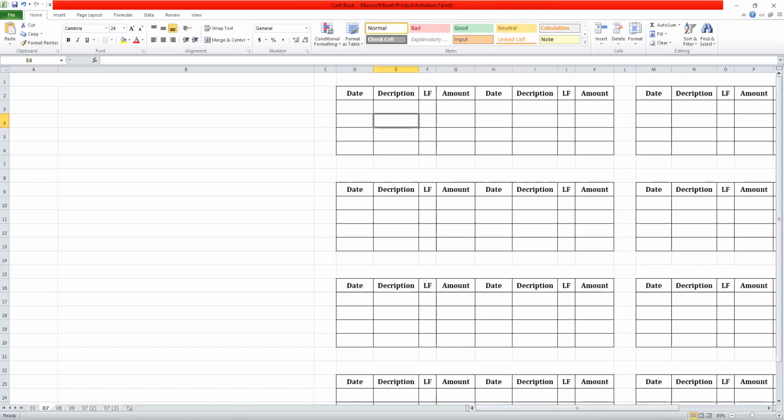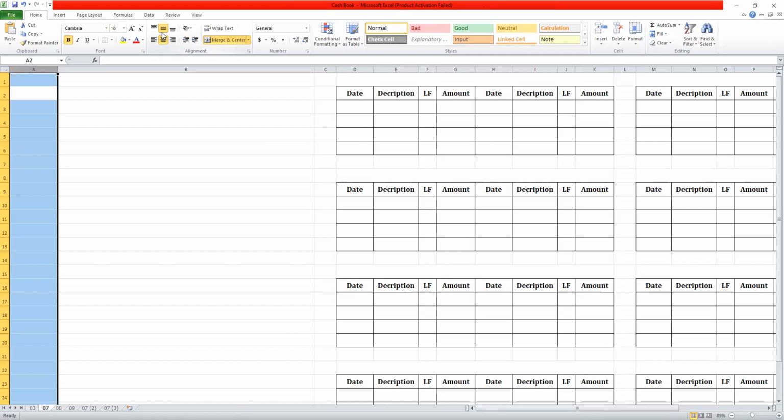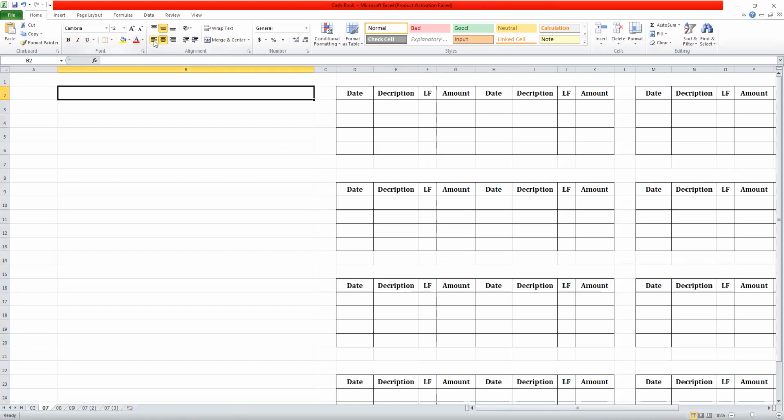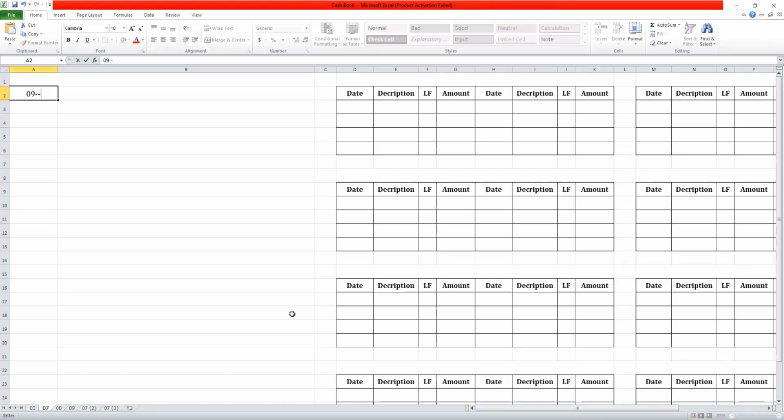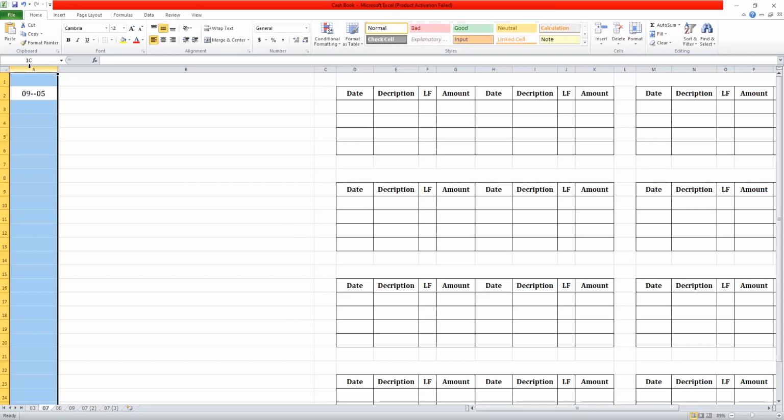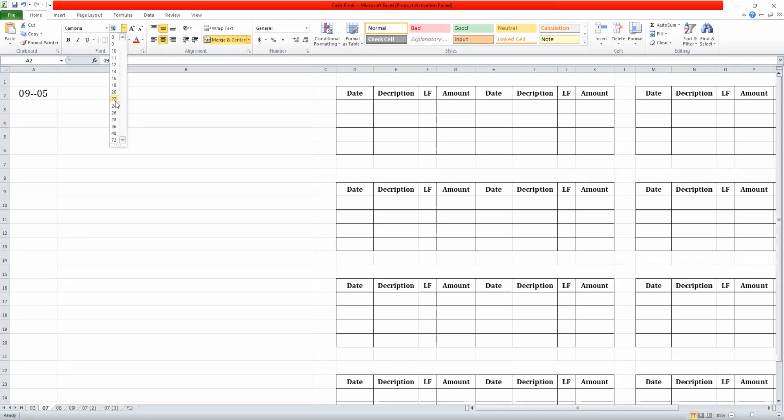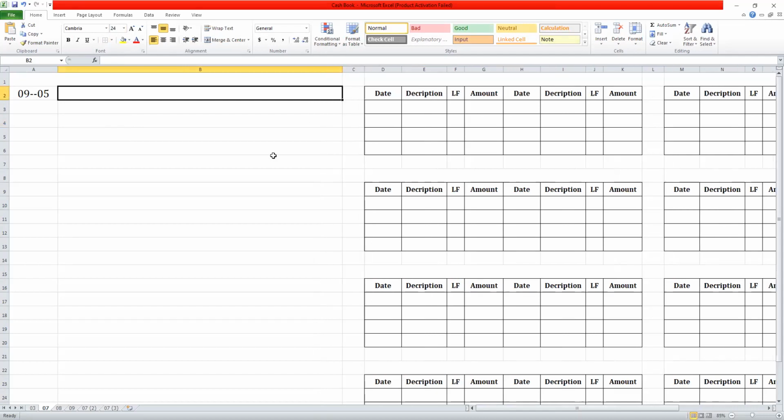Okay. Question number 7. We have to describe the given transactions. The first date of the transaction is 9th of May. What is the transaction?